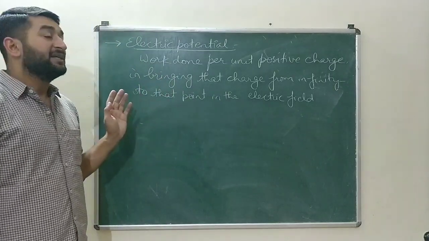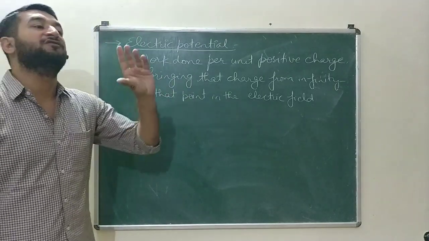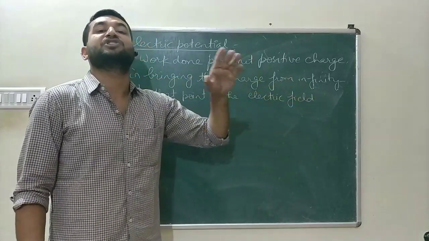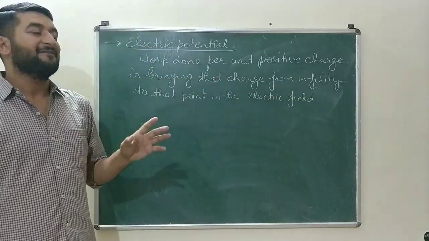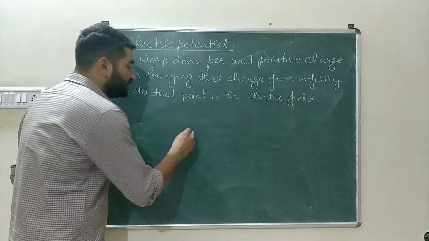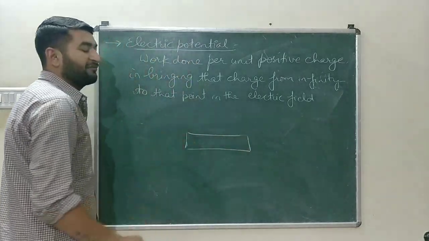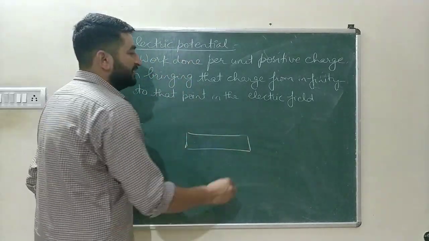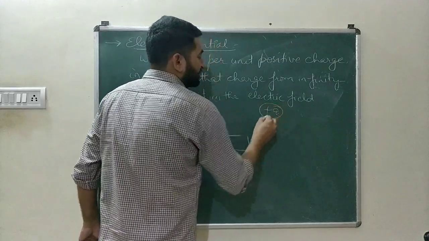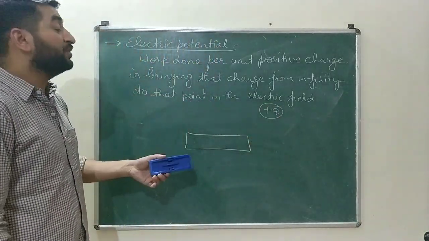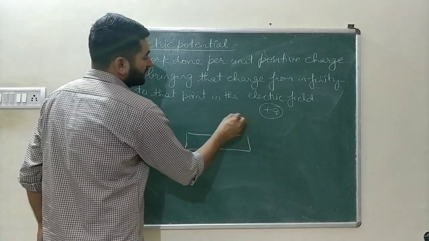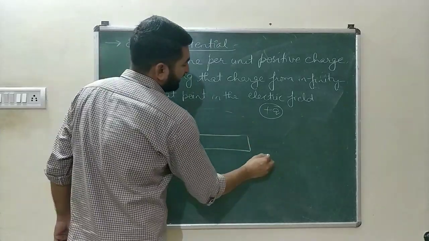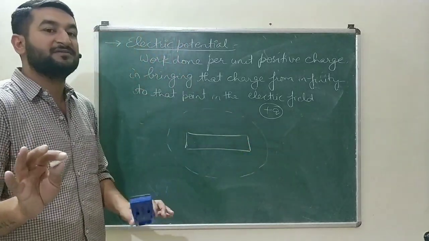Next, it is always represented as the work done per unit charge. Let us suppose this is an electric field around a conducting wire, and this is a unit positive charge. This is the hypothetical electric field; actually, it does not exist.